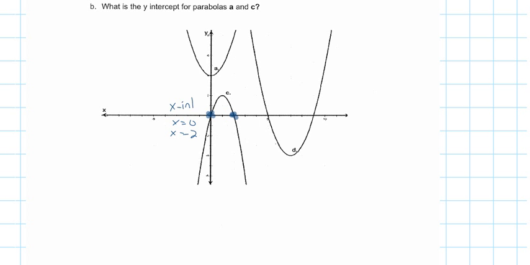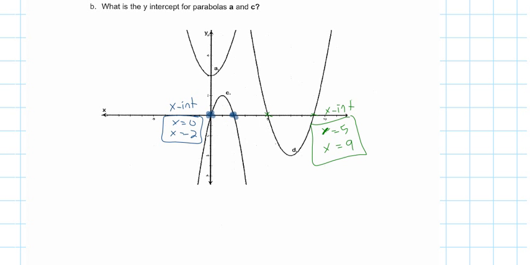This is my notation. How about for D? What are my x-intercepts? Five, yeah. So this is your x-intercept for D.